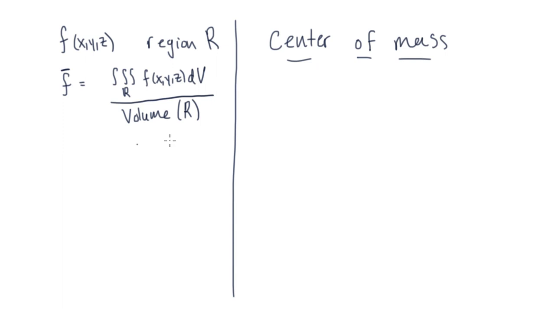Well, it's very much related to the average value of, say, a function over a region. So the center of mass is a point in space, or in the plane if you're dealing with an area, of x bar, y bar, and z bar. And what are x bar, y bar, and z bar? Well, x bar is more or less the average value.